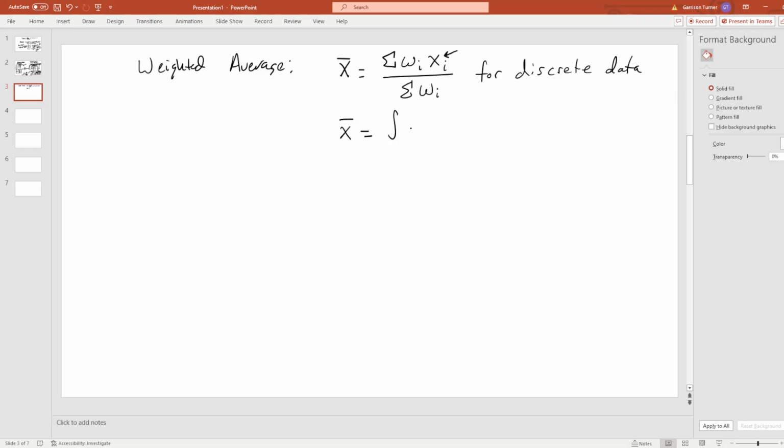And so then my weights are going to have to be adjusted to fit the functionality of x. But in our case, what is going to happen is that x is going to become a function of, usually, well, for our purposes, for mass, center of mass, and moment of inertia, it's going to become a function of position.